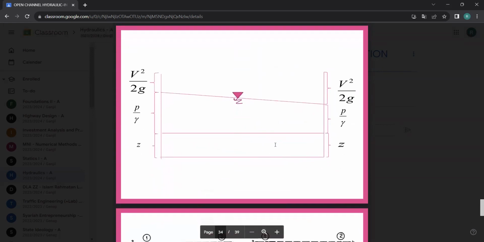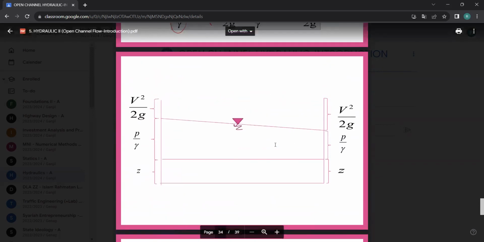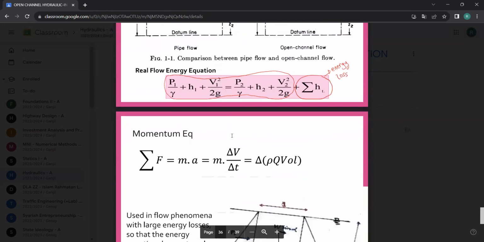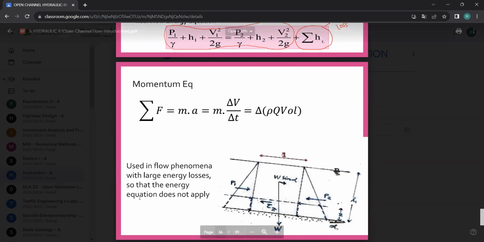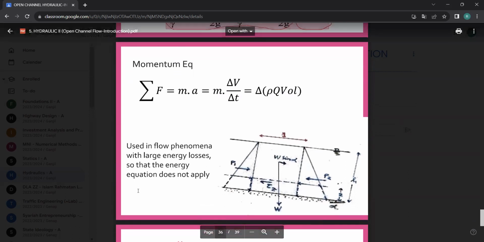This is an example for the Bernoulli equation. And this is the momentum equation. We use it in flow phenomena with losses, so that the energy equation does not apply.